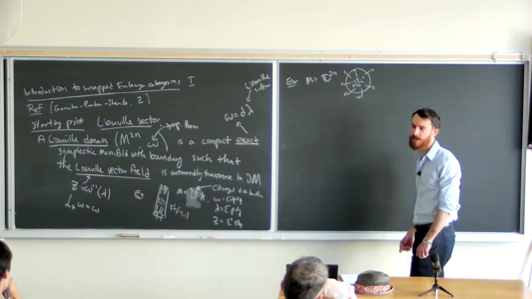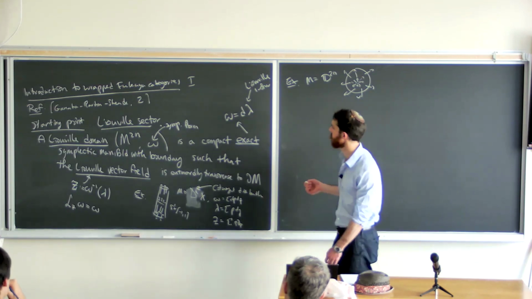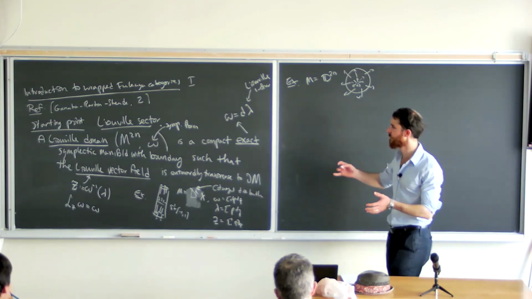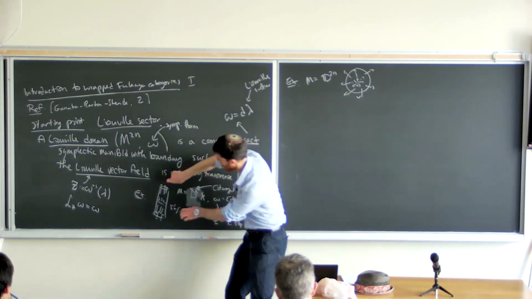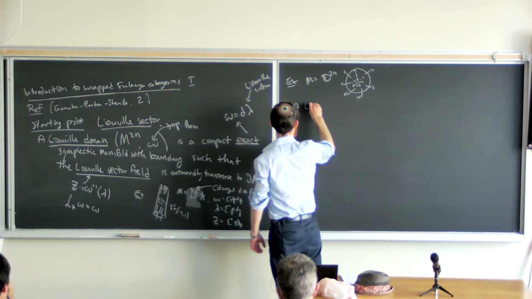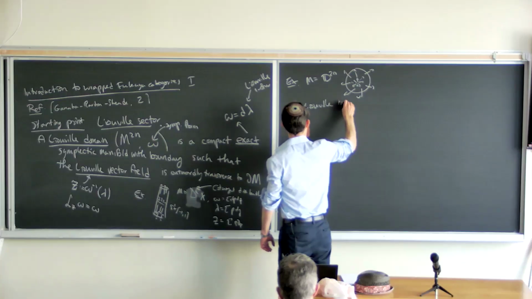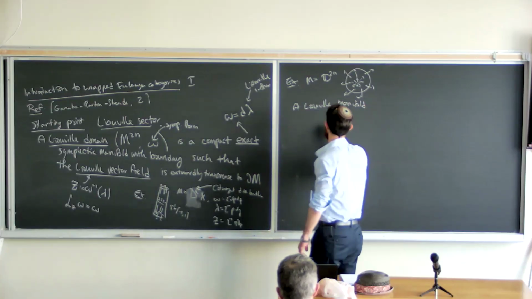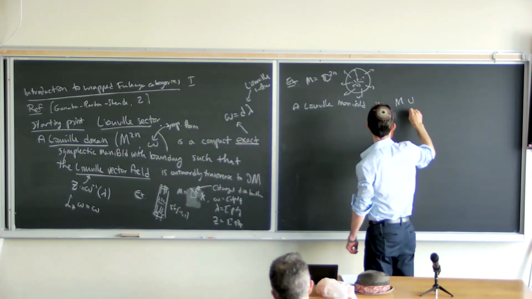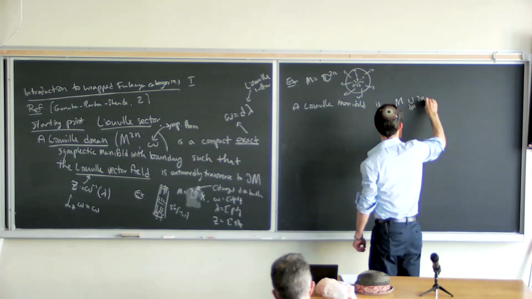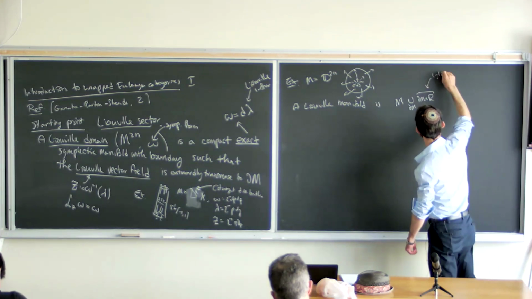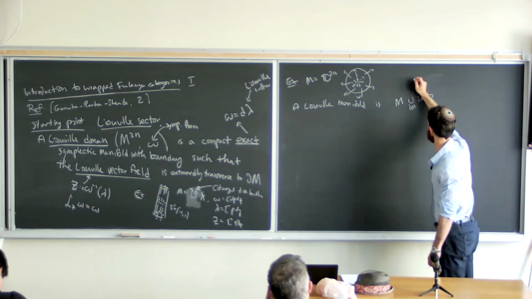What you should always keep in your head is that usually when people write down a Liouville domain, it's in order to control the behavior of a Liouville manifold. A Liouville manifold is obtained by taking a Liouville domain and cylindricalizing, adding cylinders at the end. So a finite type Liouville manifold is M union boundary of M times R. This is the cylindricalization of the boundary.